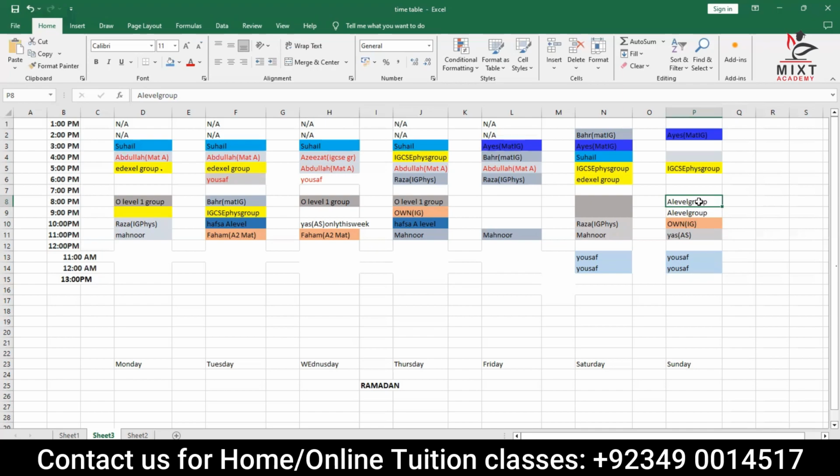4 days, and there must be one more day because the coordinator was saying to me that there will be 5 classes altogether. So either we will take 8 o'clock time or 9 o'clock time out of these 2 classes which we had right now. You just select any one of them, whether 8 or 9. I will ask Mahnoor for this, and if she agrees on one of these times, I don't think you will have any problem with either 8 or 9. I believe 9 is good, because it was 8 o'clock for us.